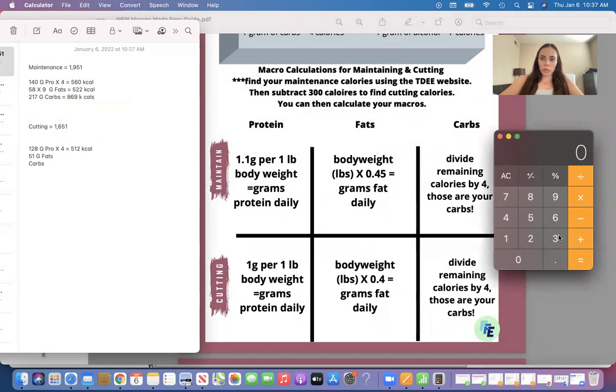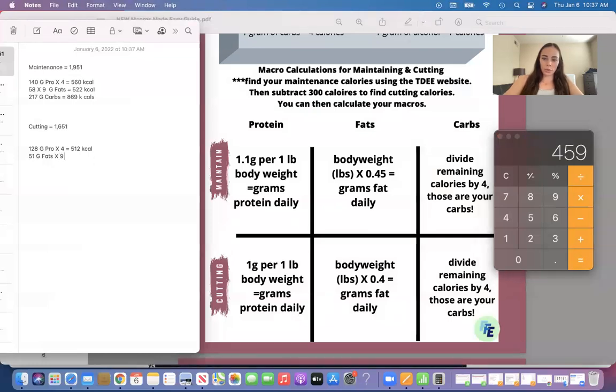For fats, we're going to do the same thing we did above, and we're going to multiply the grams of fat times 9 to get 459 kcals from fat.